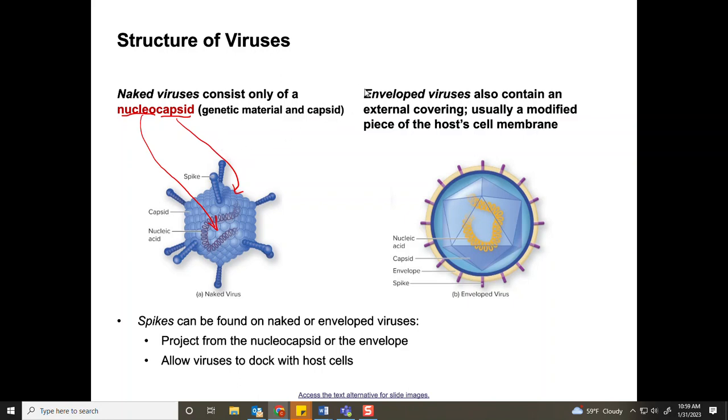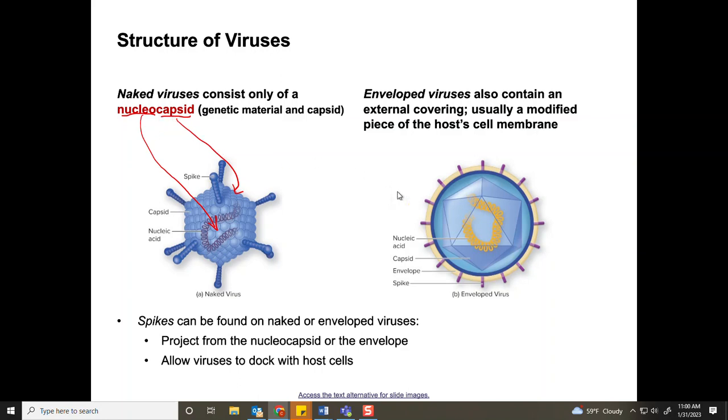Some viruses, remember we said, on the other hand, have an envelope. For those viruses, they still contain the nucleocapsid, but they're not considered naked because they contain an envelope around it.